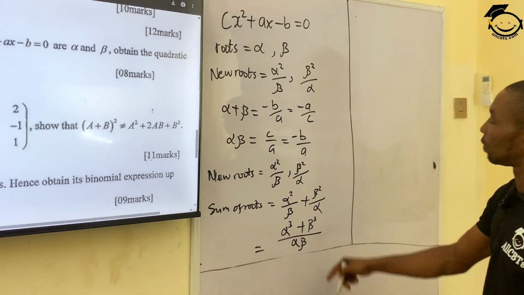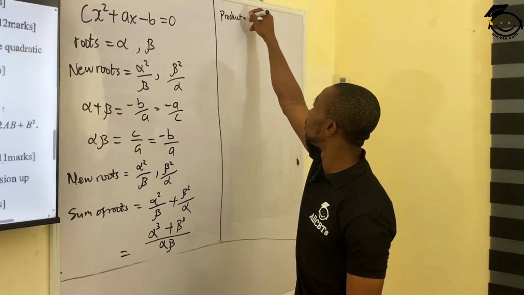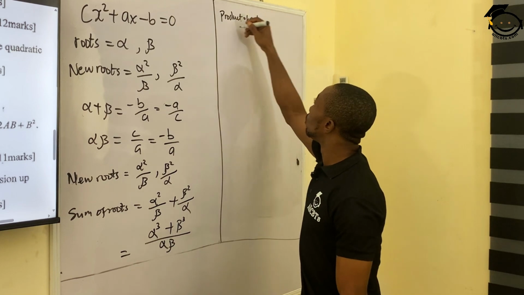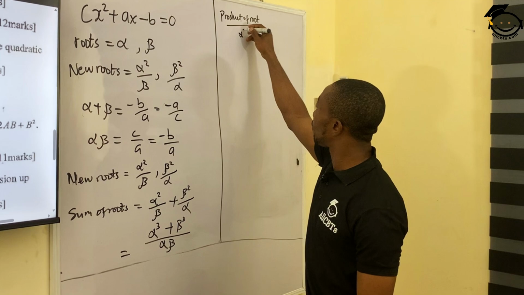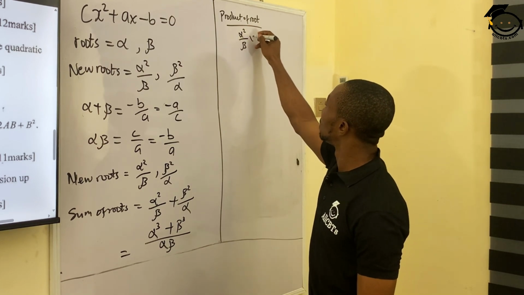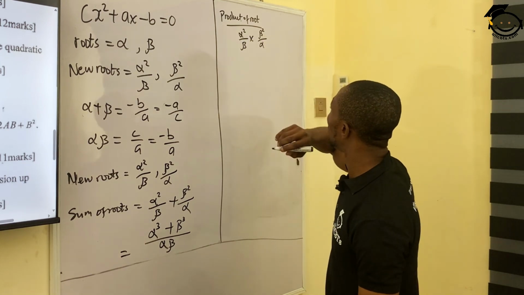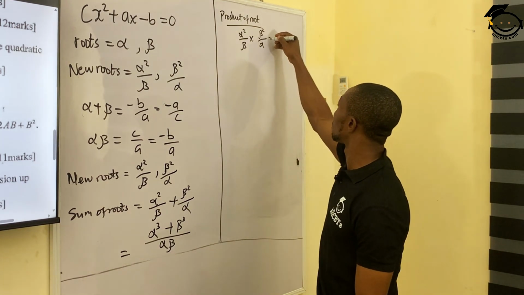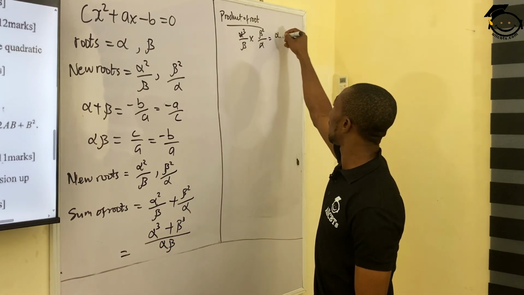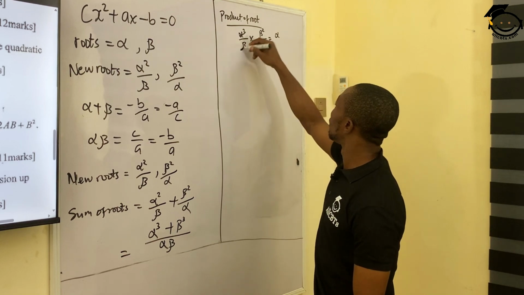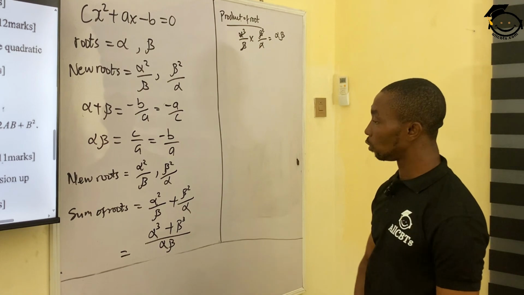That's for our sum of roots. Then for our product of roots, we are having alpha squared all over beta times beta squared all over alpha. This cancels this, giving us alpha, and this cancels this, giving us beta. That's our product of roots.